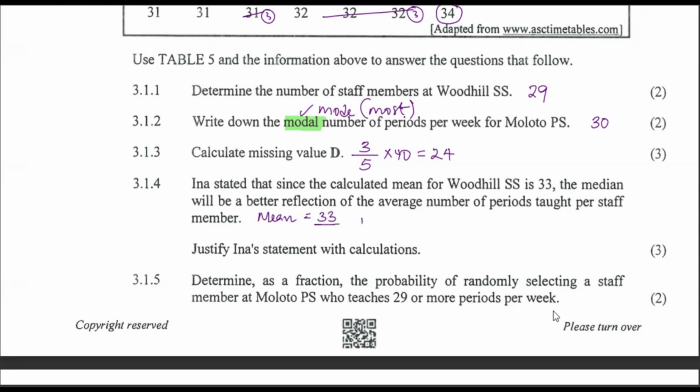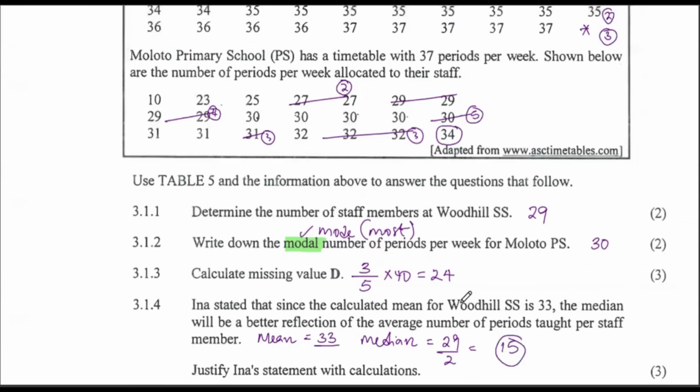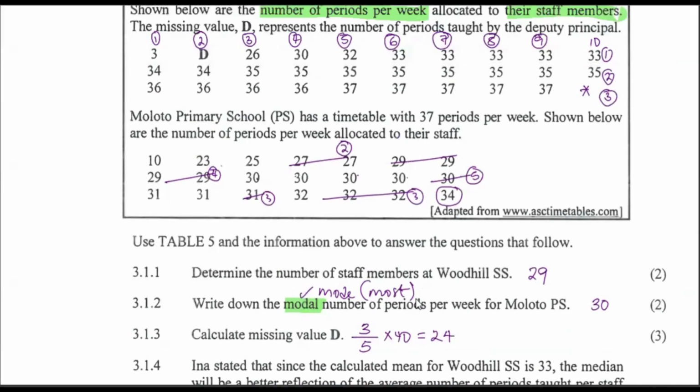What about the median? We need to look for the median. The median is half of the 29, because there are 29 members we're looking at. So we divide that by 2, and we find that the median will be the 15th number. We come to the table and count until we reach 15: 1, 2, 3, 4, 5, 6, 7, 8, 9, 10, 11, 12, 13, 14, 15.